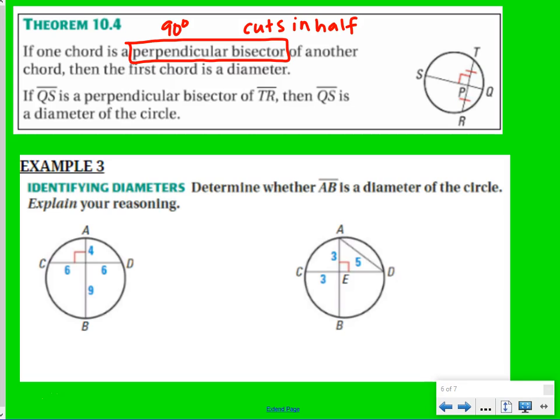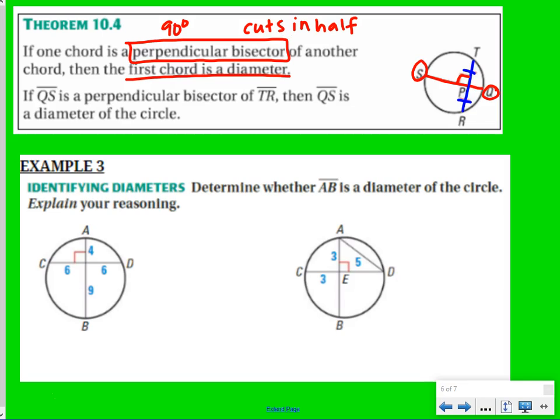So if one chord is a perpendicular bisector of another chord, then the first chord is a diameter. All right, so if we look at our example, chord QS cuts chord RT in half, so it bisects it, and then we also have that nice 90-degree angle. So the chord that's cutting it in half, chord QS, is the diameter.